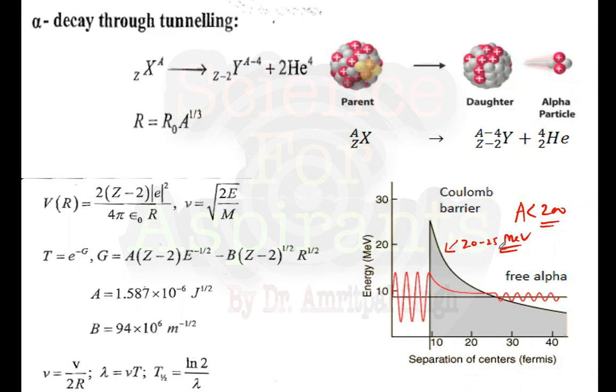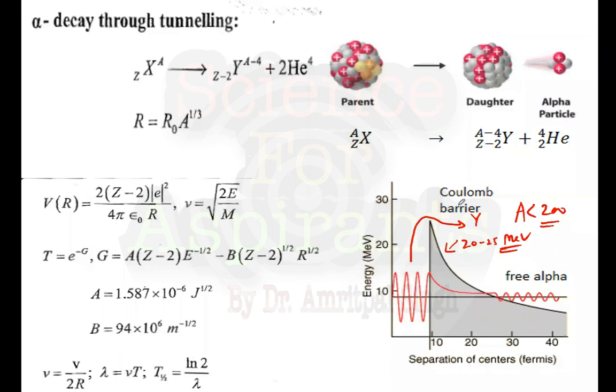On the other hand, an alpha particle bombarded from outside is scattered by the heavy nucleus and cannot penetrate. But a 5 MeV alpha particle bound in the nuclear potential well is able to tunnel through the barrier and get free, and that is known as the wave particle duality concept.